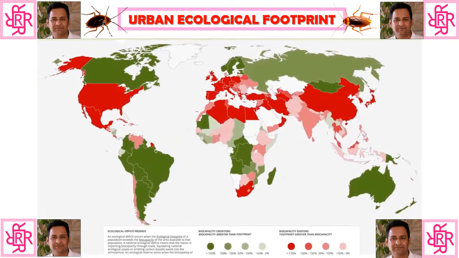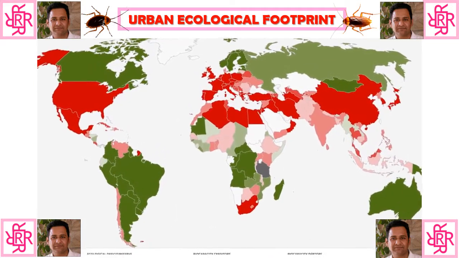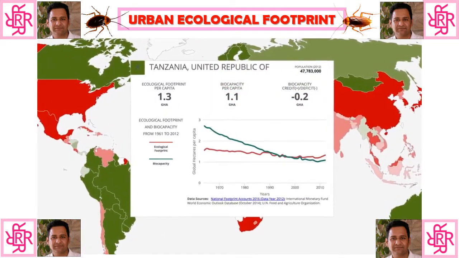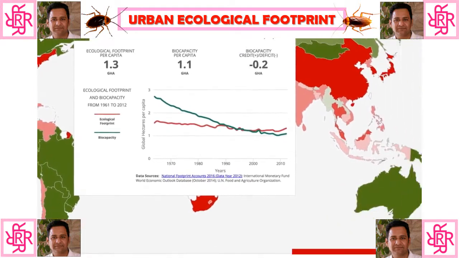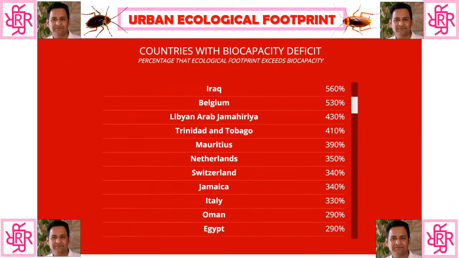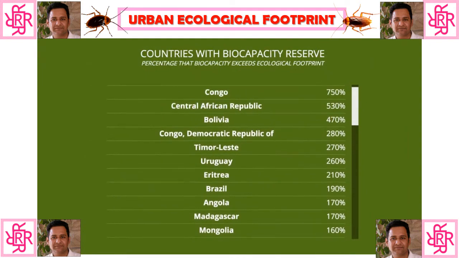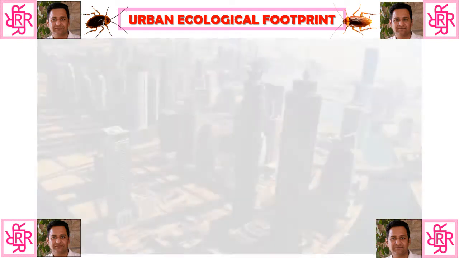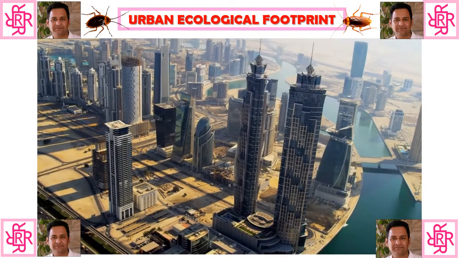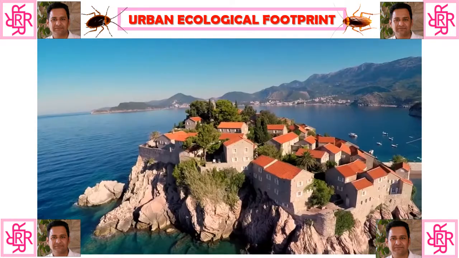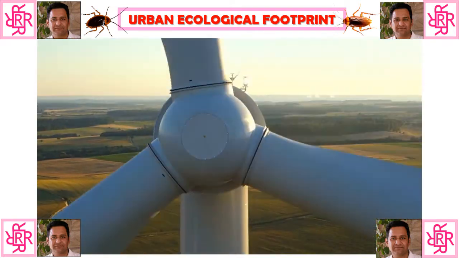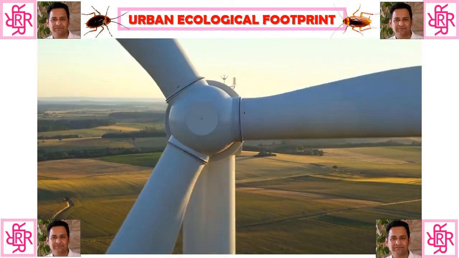This information can be used to identify which countries are using more ecological resources and services than they have, who we call ecological debtors, and those with more resources than they're using. We call them ecological creditors. Government leaders from the United Arab Emirates, the Philippines, and Montenegro are using our data to develop and evaluate sustainability policy.